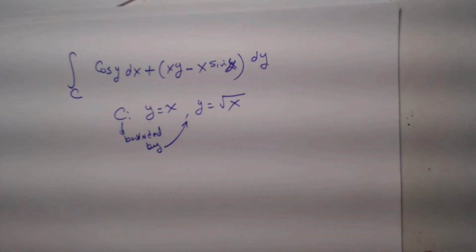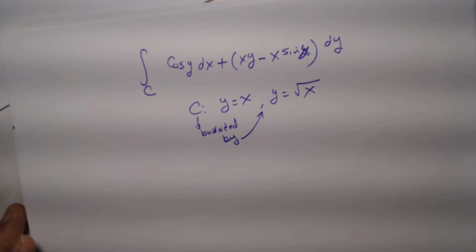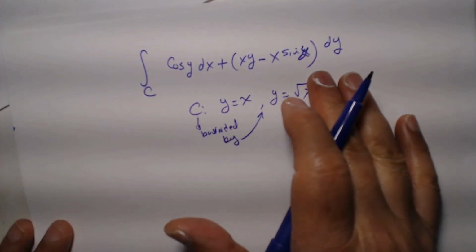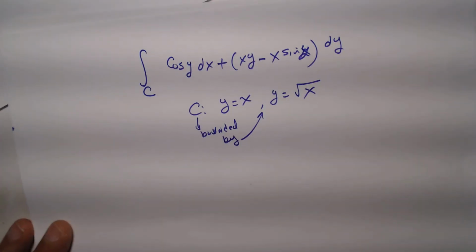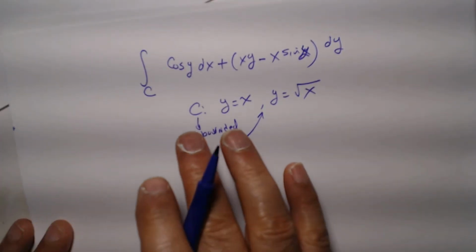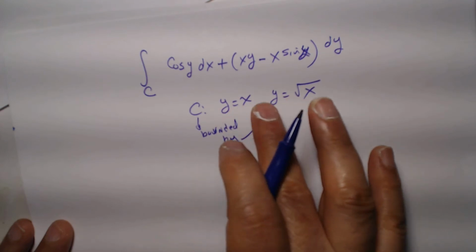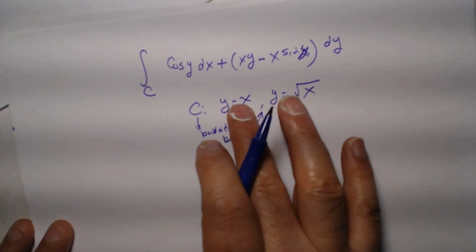I'm going to work another problem, and that is another vector field, which that's your x component and that's your y component. And your curve is bounded by the graphs of these equations.